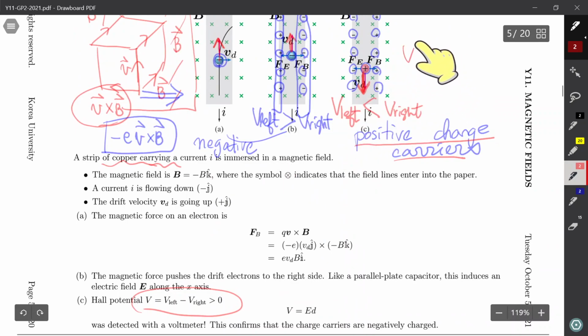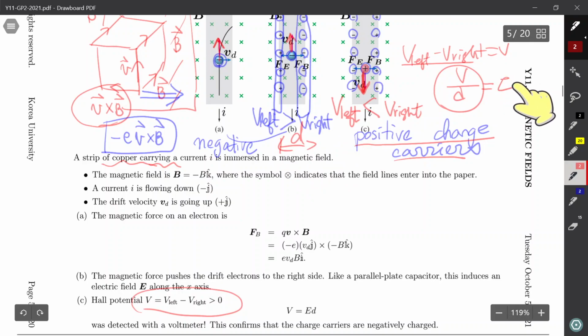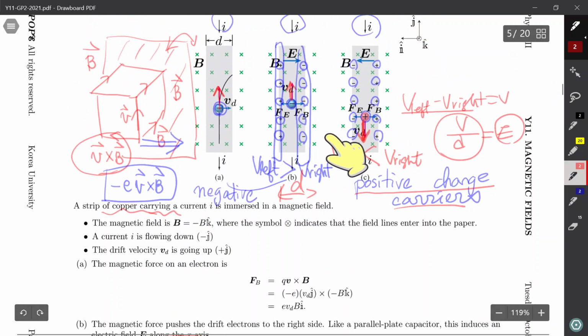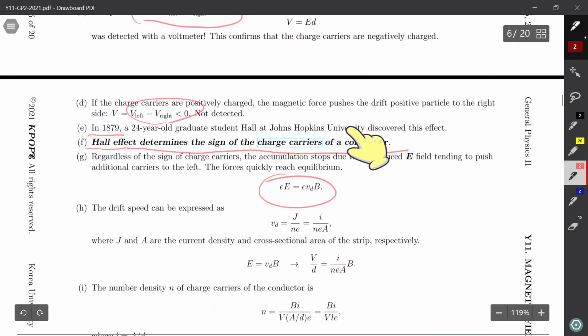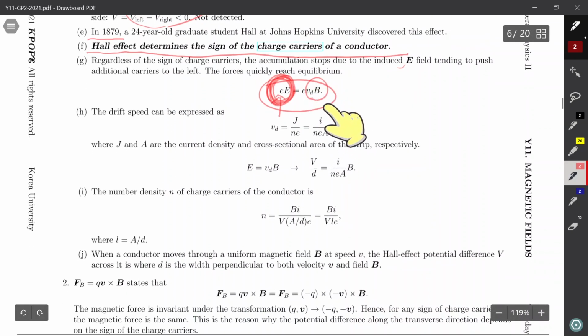The Hall potential, V left minus V right, divided by the width, is the induced electric field because of the accumulation of charges. That induced electric field applies a force on an electron, and the drift velocity causes the magnetic force, and these two make an equilibrium.